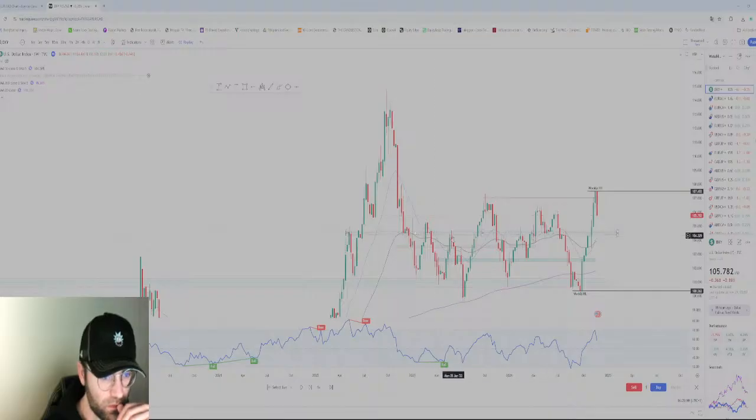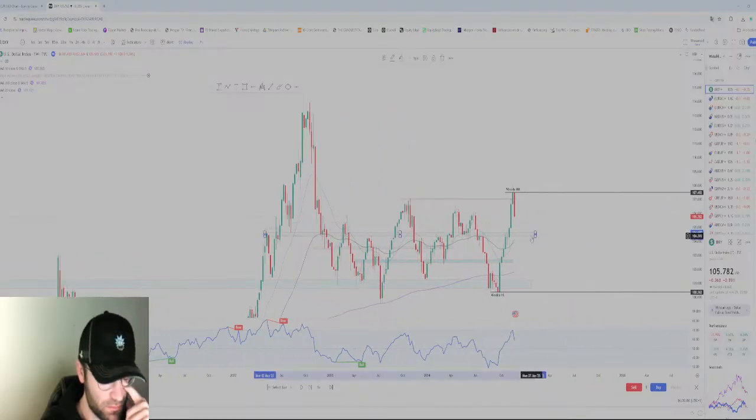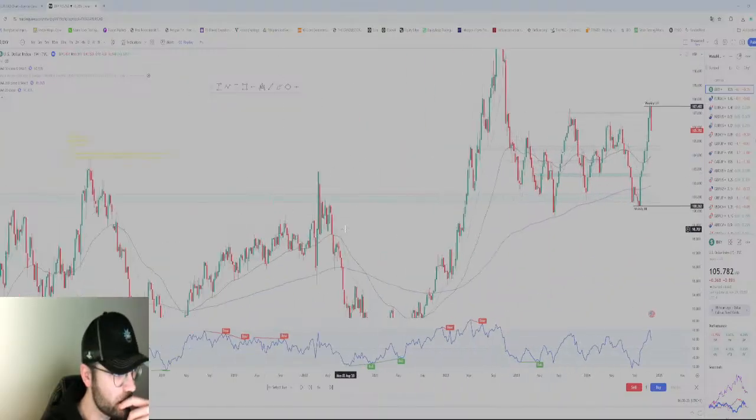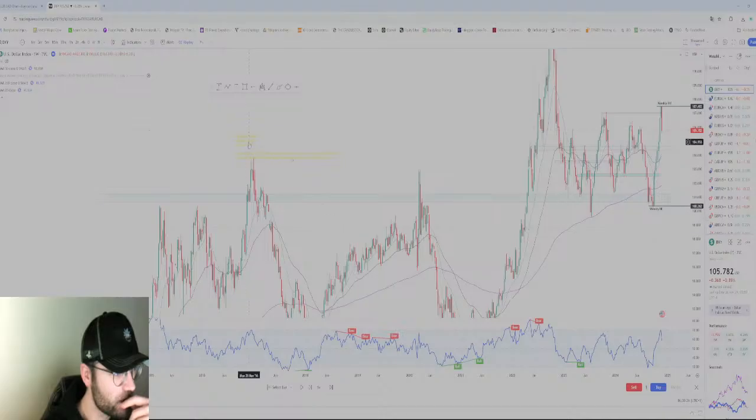This area seems strong on the weekly. So this one stays for sure. This one might be on the daily, I'm not sure. Let's just check it. Oh, damn, this is way back.